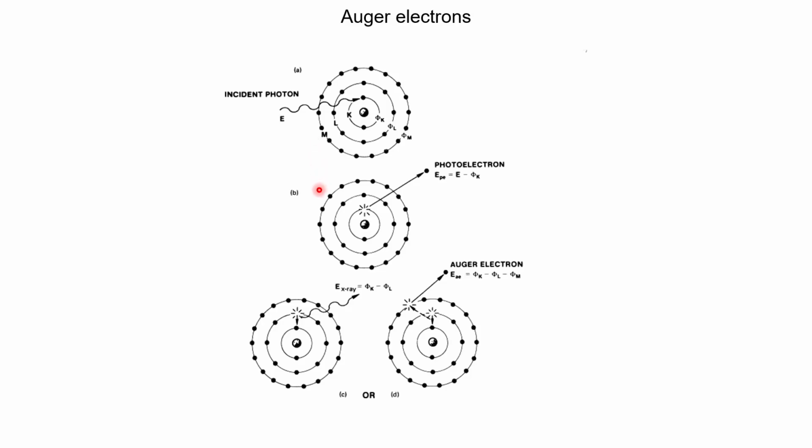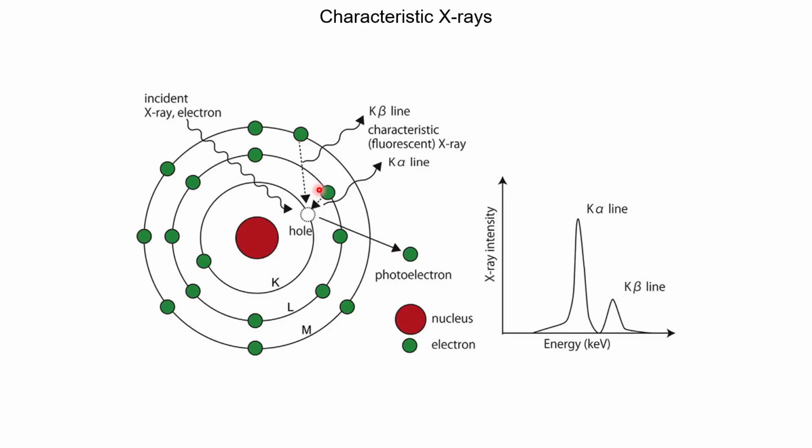But the energy of these Auger electrons is very low. Also, we have learnt in the previous slides that there are some characteristic X-rays emitted from the specimen after the interaction with the electron beam.